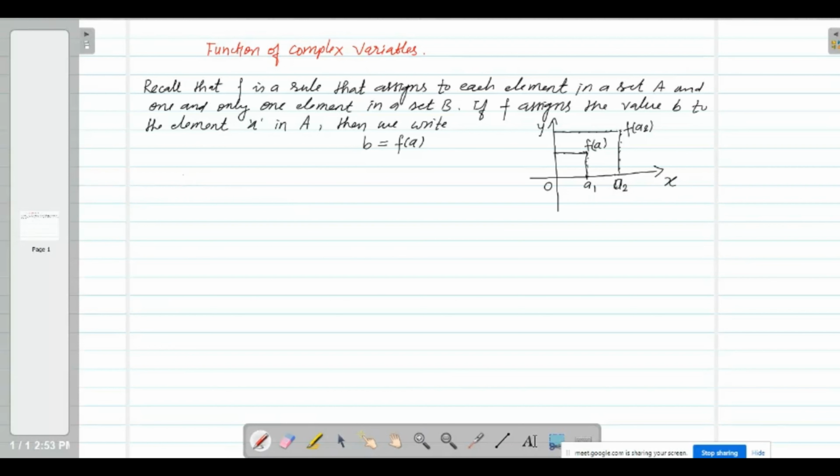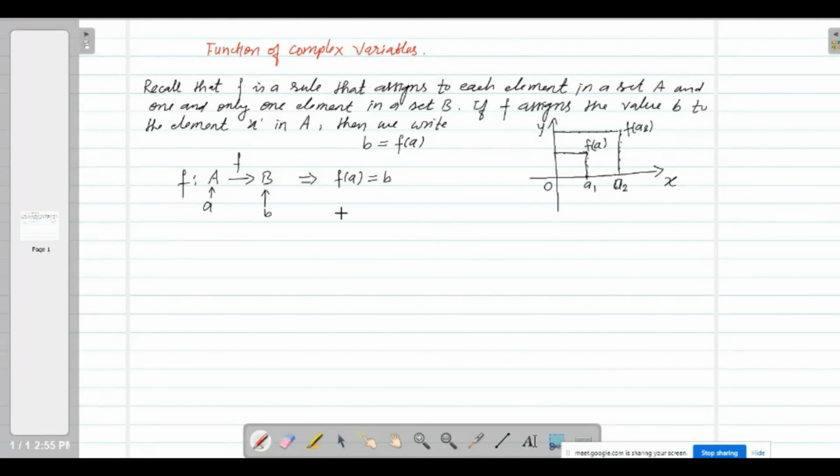Look, your function f is from A to B. Suppose a is an element in capital A. So for this element there corresponds a unique element in B, such that if I apply f to this element, f of a can be written as b.